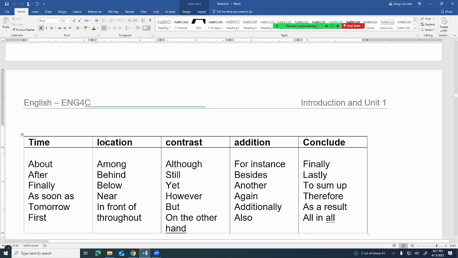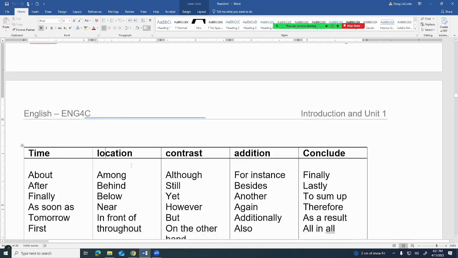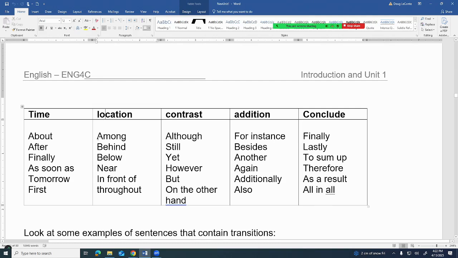If we are talking about locations, we could use transitions like among, behind, below, near, in front of, or throughout.